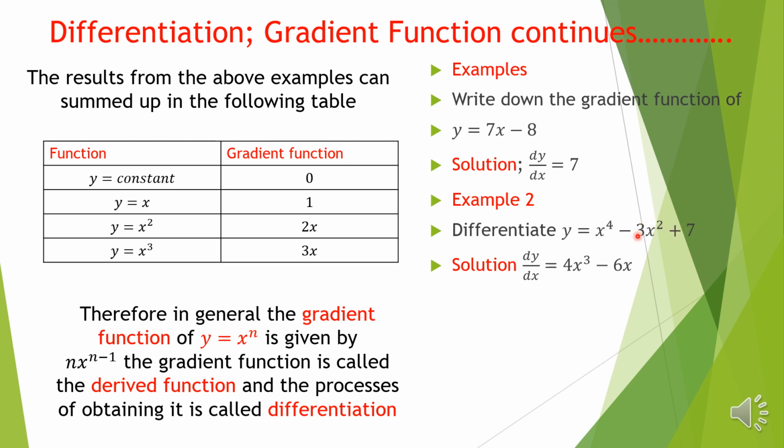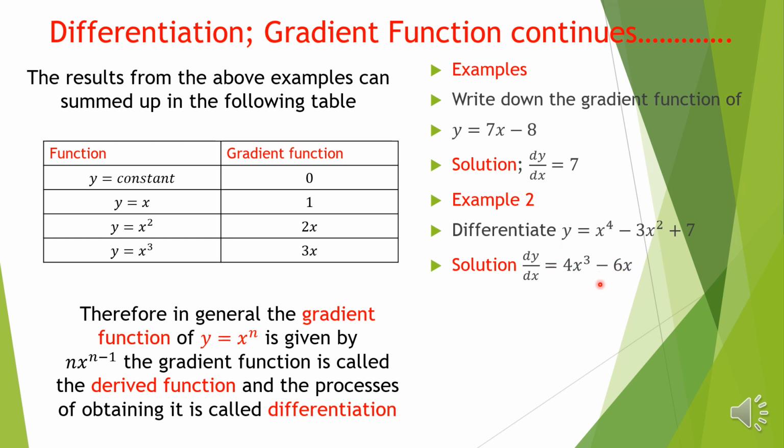Now it will be 3 times 2, which goes to 6, and then we subtract 1 from the power. This reduces to 6x. And the last part here, 7, is a constant. As we said, the differential of a constant is 0. And therefore, dy/dx reduces to 4x cubed minus 6x.